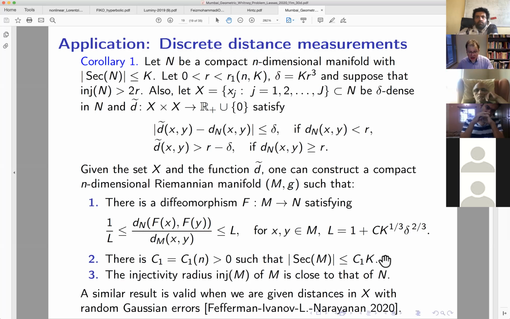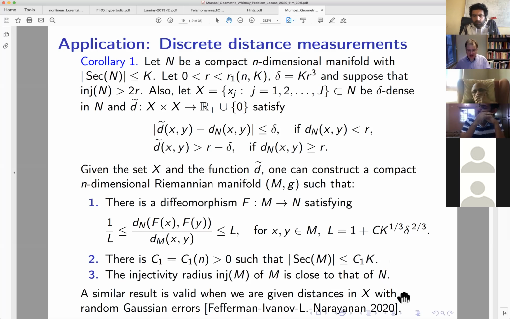And also the sectional curvature is bounded by the original sectional curvature bound times some constant depending on the dimension. And also the injectivity radius of the constructed manifold is close to that of N. I don't explain this because it's technical, but the injectivity radius comes out only slightly smaller, or it is relatively large anyway.